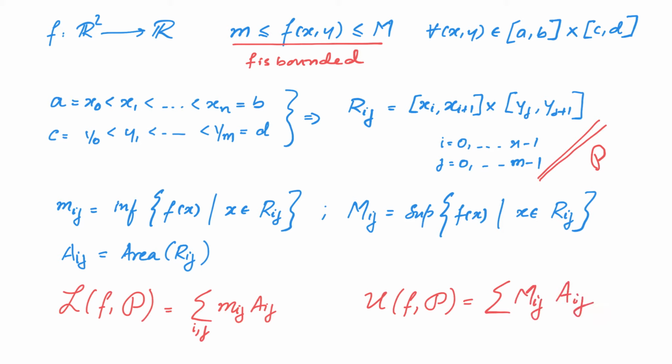These quantities are called the lower sum of the function f with respect to the partition P and the upper sum of the function f with respect to the partition P. Observe that as small m_ij is always less than or equal to capital M_ij, the lower sum will always be less than or equal to the upper sum.